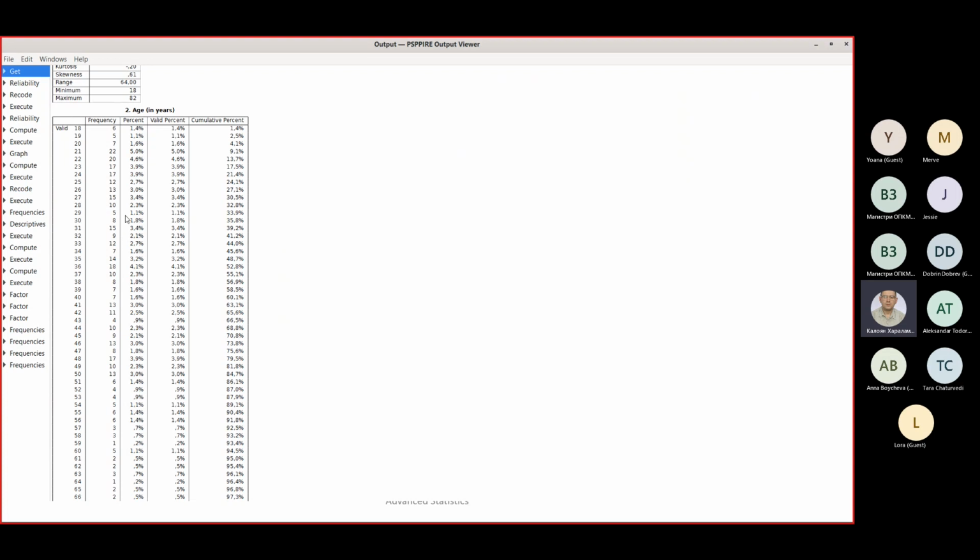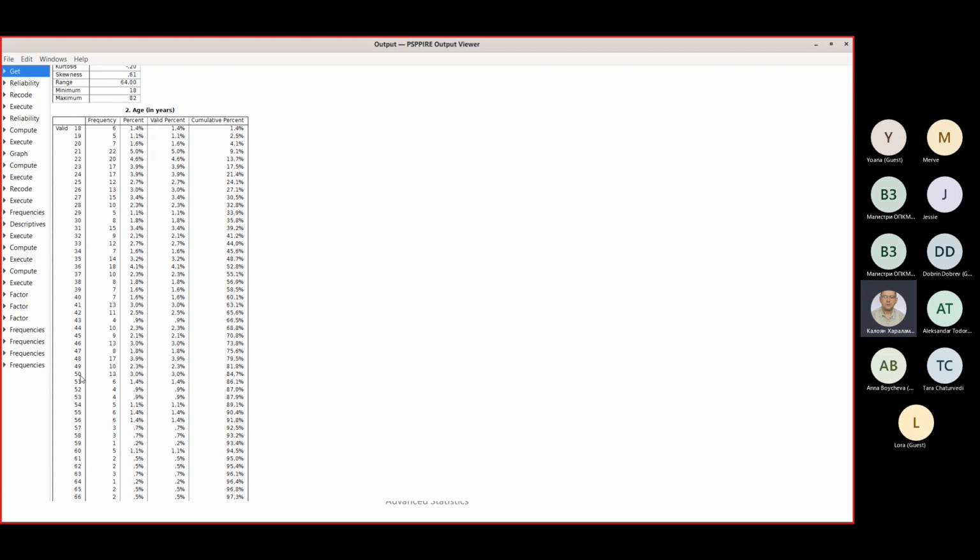We can calculate the total number and the total percent of people between 24 and 50 years of age.